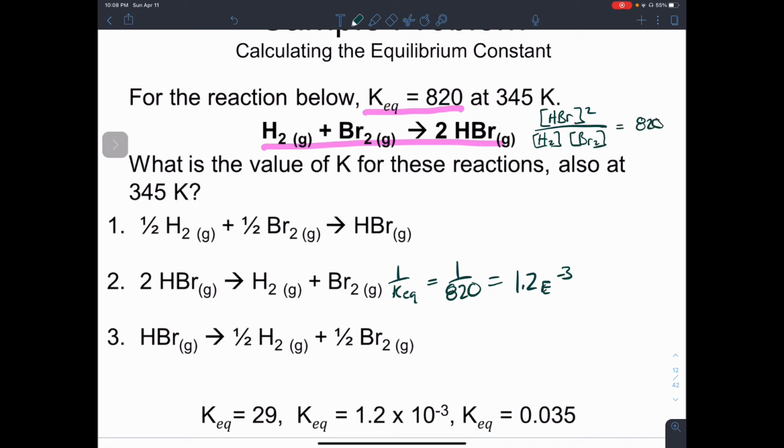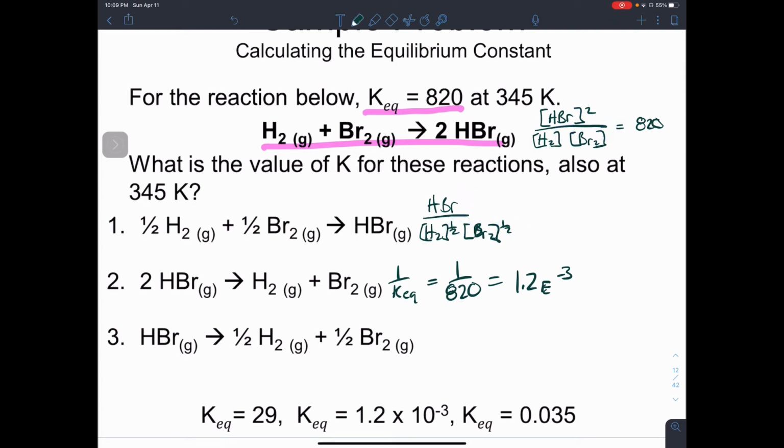If we take a look at this one, it has hydrobromic acid in the numerator, and hydrogen in the denominator raised to the 1/2 and bromine raised to the 1/2 as well. So what is the difference between these two? Well, the first one is really double the second one, right? The hydrobromic acid is 2, 1, 1. And here we have 1, 1/2, 1/2.